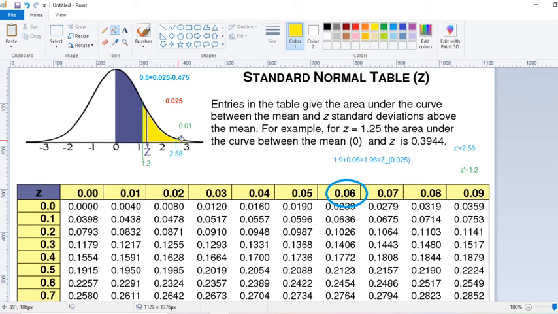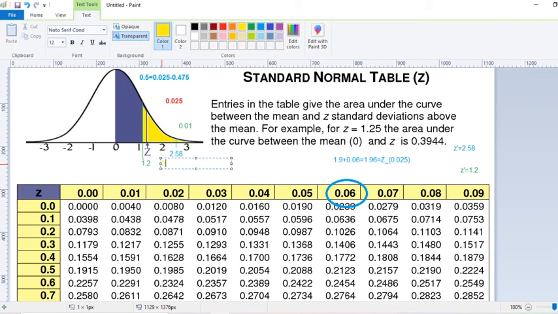So what will be that area? That area will be greater than 0.25. So that may be some 0.03, maybe 0.03.